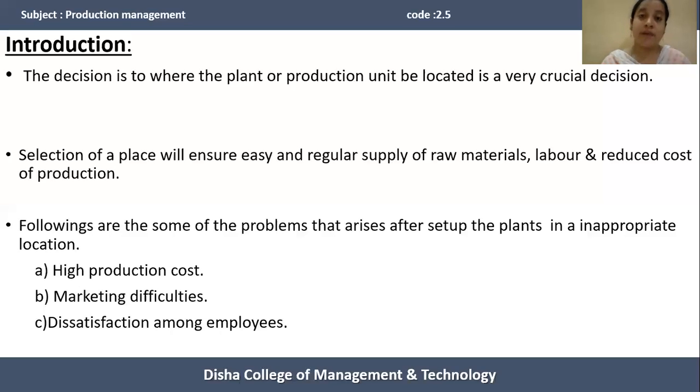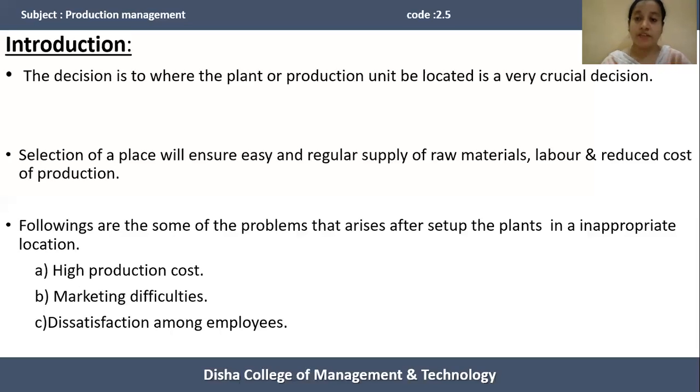And if the market is far away from the industry, then it is not possible for the firm to send their goods to the market in appropriate time. So the demand of the customer sometimes the firm is not able to fulfill. So the industry should be located nearer to the market.